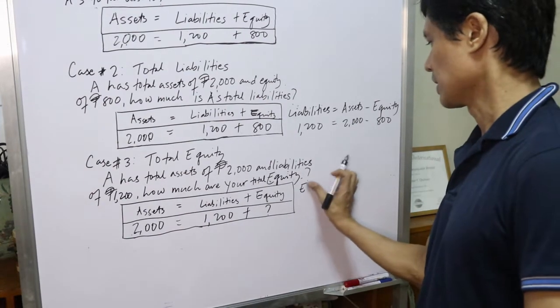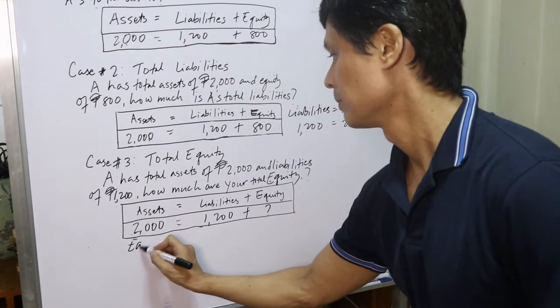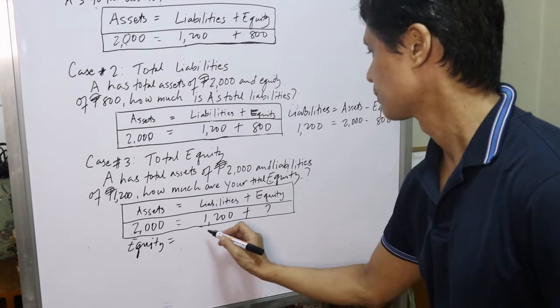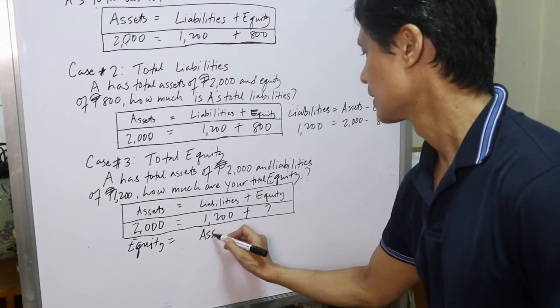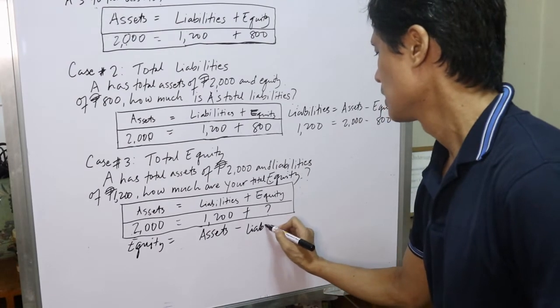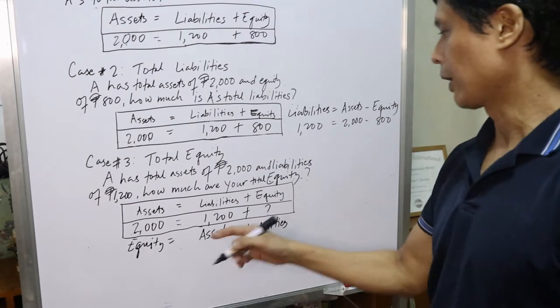And then, dito na lang. Sige. Ito, totoo na to. Dito na. Yan. Equity. Equity equals assets less liabilities. Because assets less liabilities is your net worth or your equity.